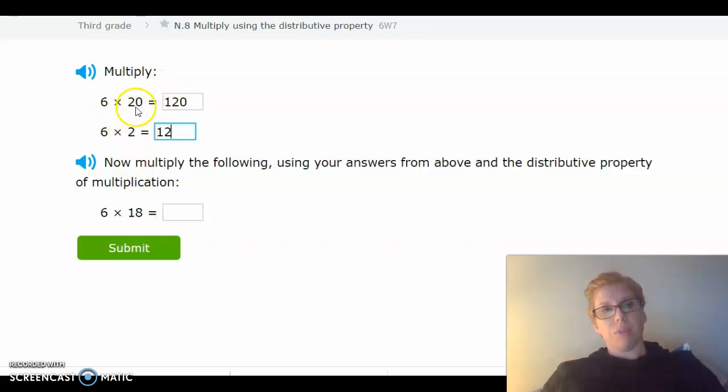Well, I'm looking at these two problems. I know that 20 take away 2 is 18, right? So I'm going to take 12 away from 120. This is just another way of approaching this distributive property. It's just a different step. So if I could take 12 away from 120, let me write this out.